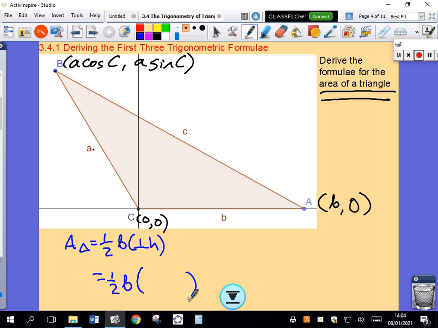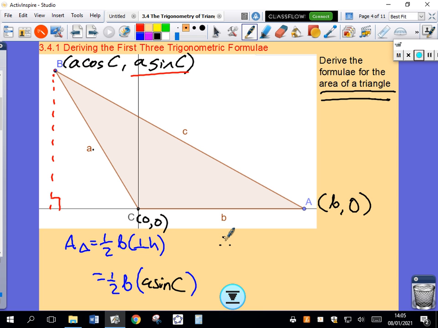And then the perpendicular height is however high it is above the x-axis. And that height, hopefully you can see, is going to be whatever the y coordinate is. It's going to be a sine C. So it's going to be half times b times a sine of C.